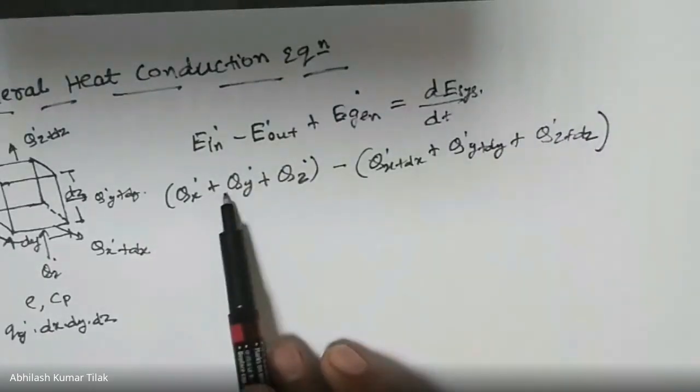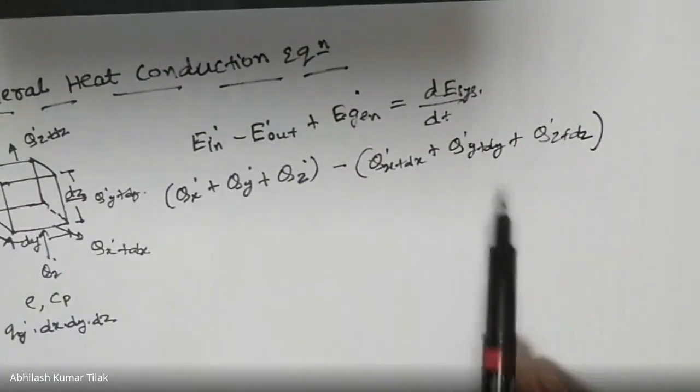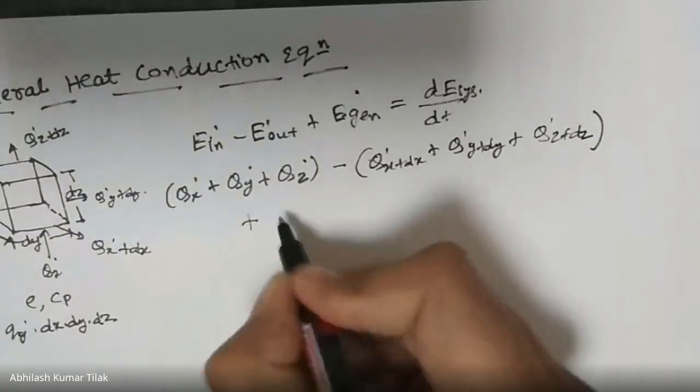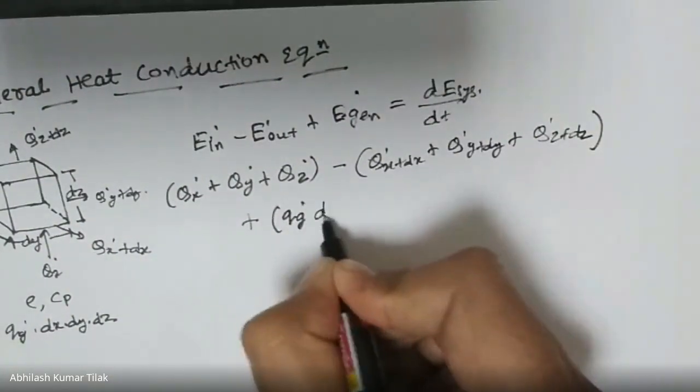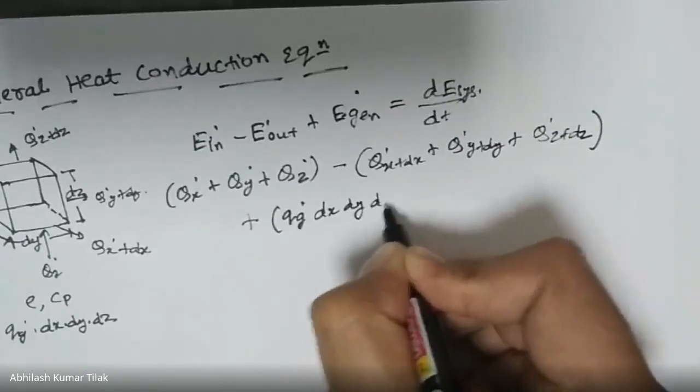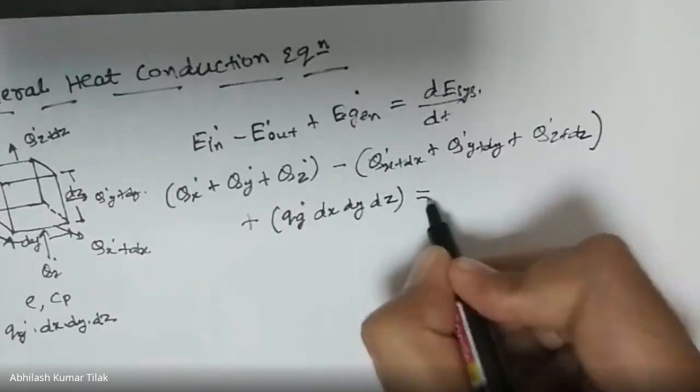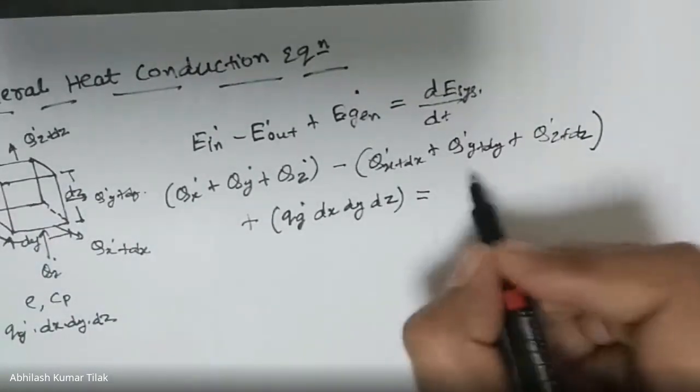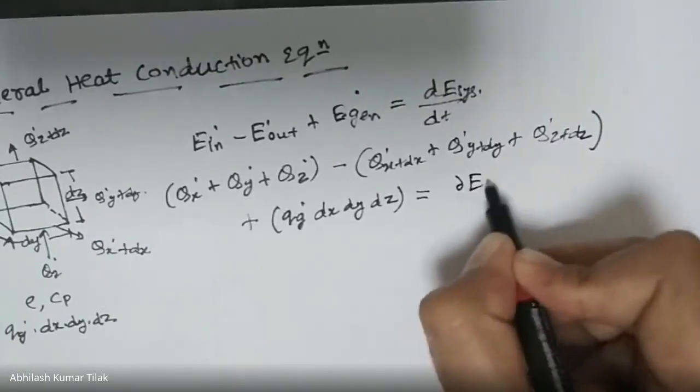So this is your E in, this is your E out. Now plus energy generated, that is Qg into dx, dy, and dz, is equal to change in the energy of the system.